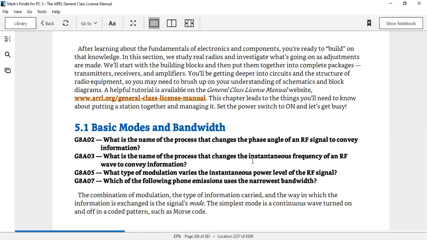We're going to have CW, AM, and single sideband, which is the same as AM, but it strips off half of the bandwidth. And they talk about double sideband. If you look at a sine wave, above the line is the upper sideband and below the line is the lower.